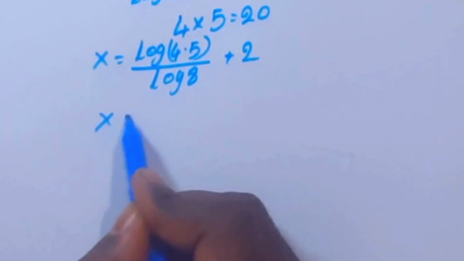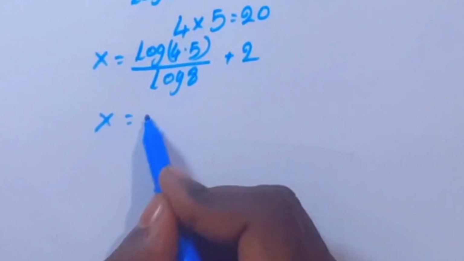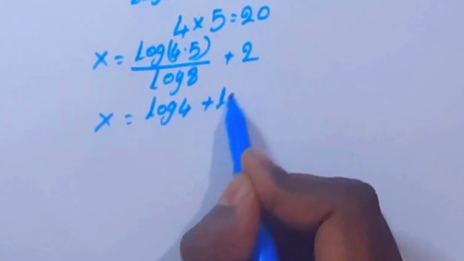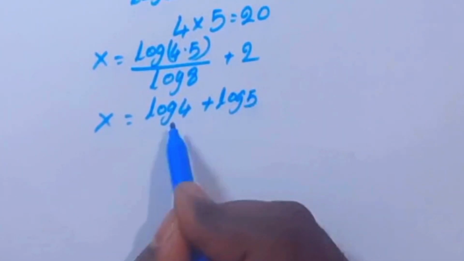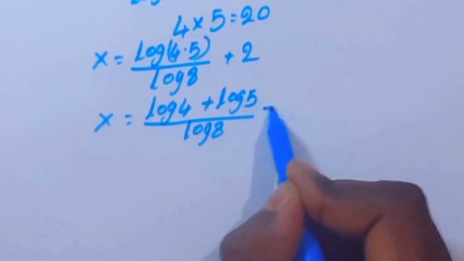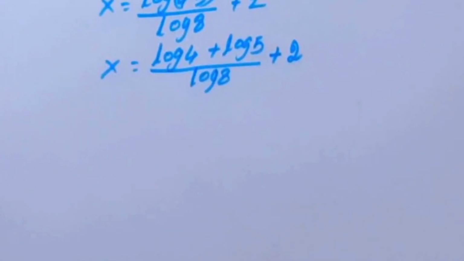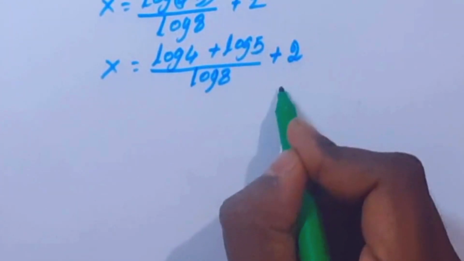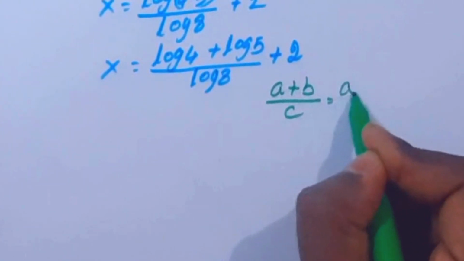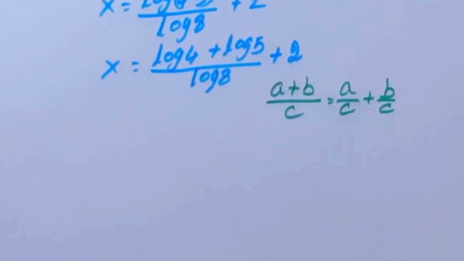Now log 4 times 5 can be written as log 4 plus log 5 by this log 8 plus 2. Now as per this formula, a plus b by c equal to a by c plus b by c. We are going to separate this.